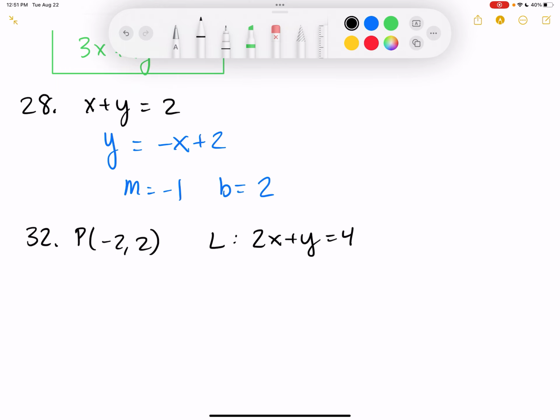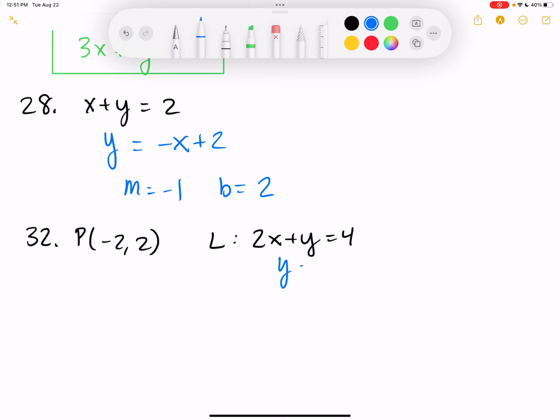What do I need to do to be able to figure out the parallel and perpendicular line? What should I do with the given line? Change it to slope-intercept form, y equals mx plus b. Yep.